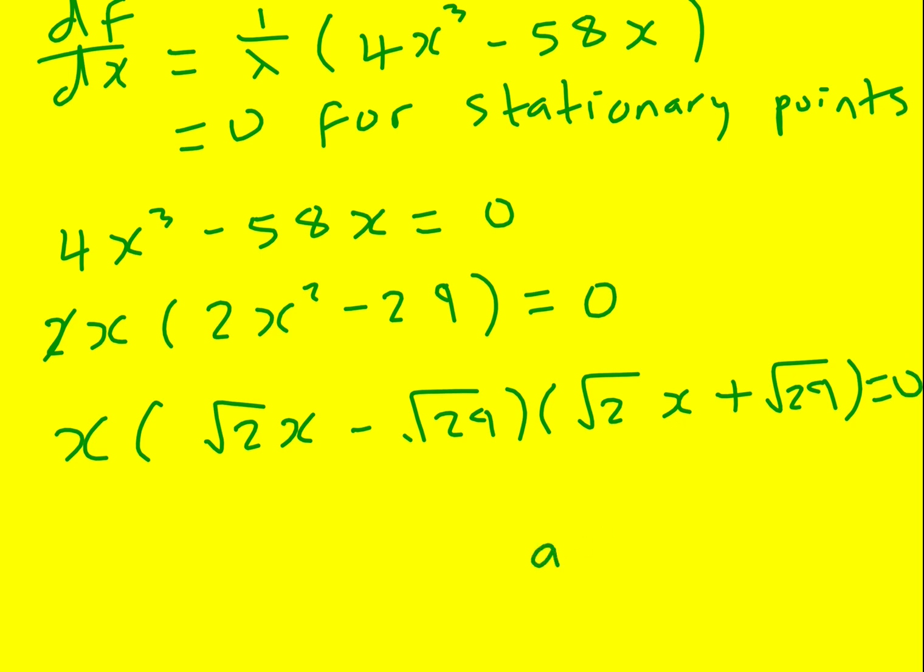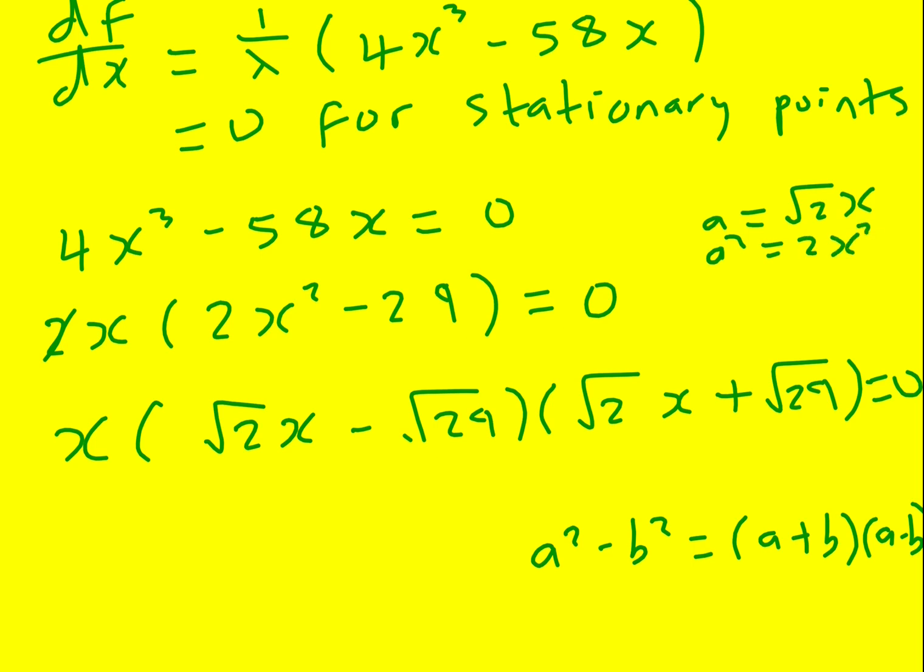Basically, I'm using the fact that a squared minus b squared is a plus b, a minus b. So this technically is root 2x all squared, which is why I've replaced it by root 2x here. That my a is root 2x, because then a squared is 2x squared.